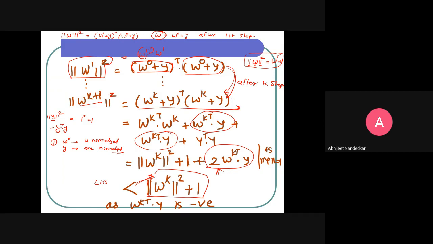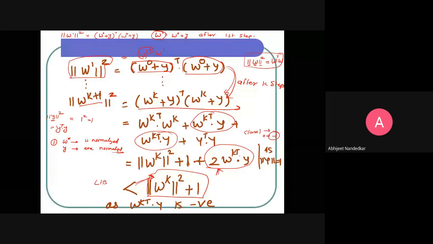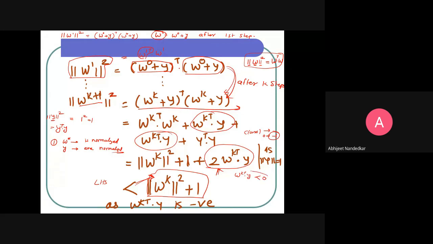Since my input belongs to class 1, the output is minus 1. That's why I am doing training. Why will training come into the picture? Training comes into the picture because Wk transpose Y is less than 0. My input is class 1 and the output is minus 1, so this term is a negative term.